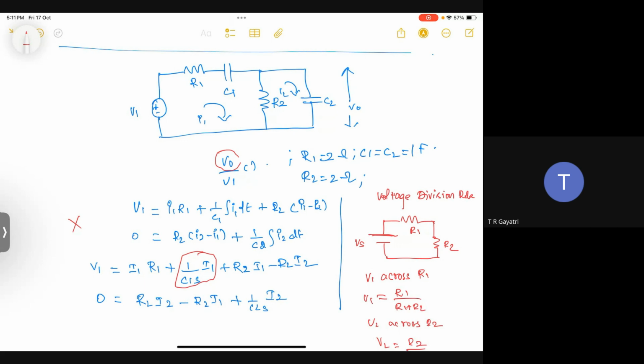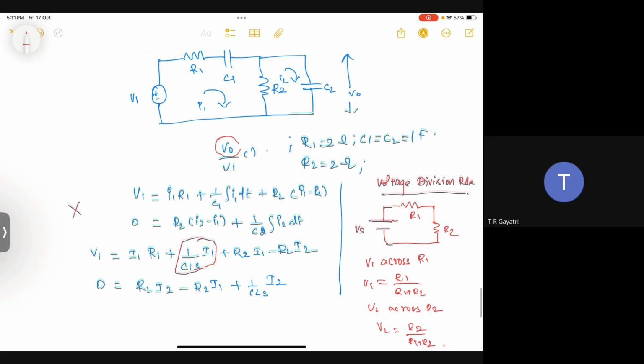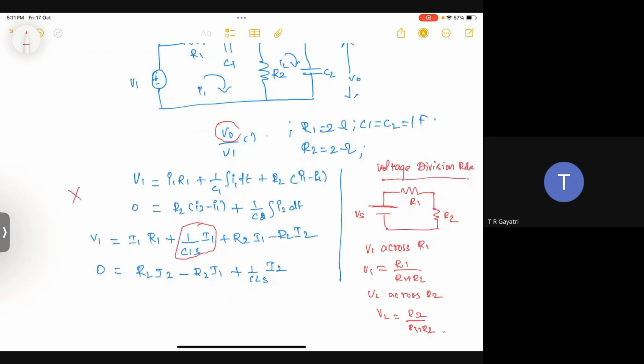So we can directly solve this using a shortcut called the voltage division rule, where if I connect two resistors in series with respect to a voltage, the voltage across R1 would be V1, voltage across R2 would be V2. So each voltage can be found using this formula. If you want to find V1, it will be R1 by the common denominator R1 plus R2. If you want to find V2, it will be R2 by R1 plus R2.